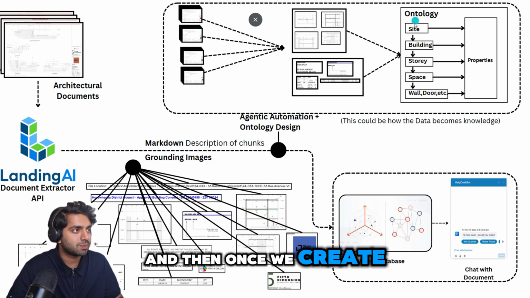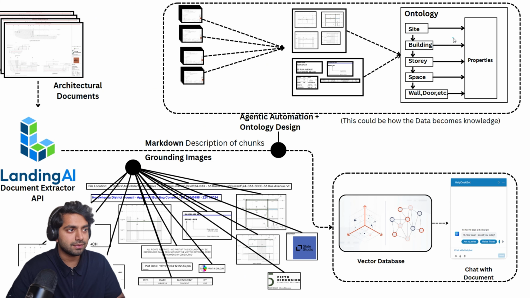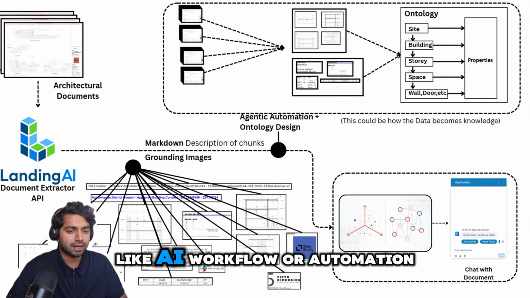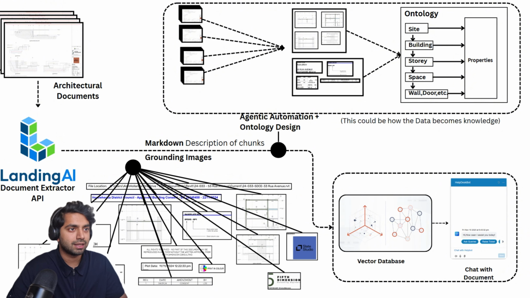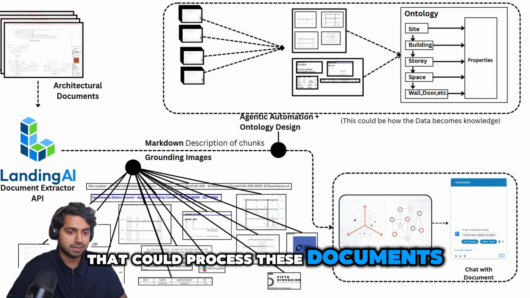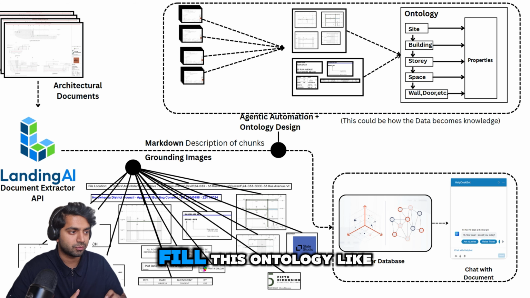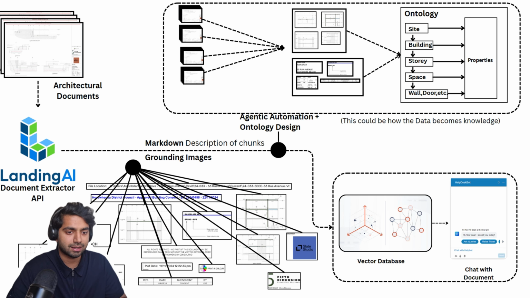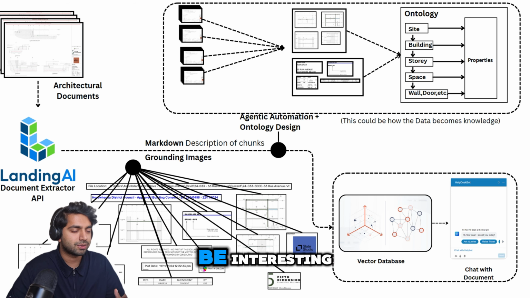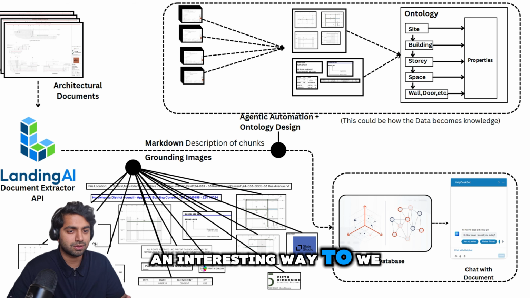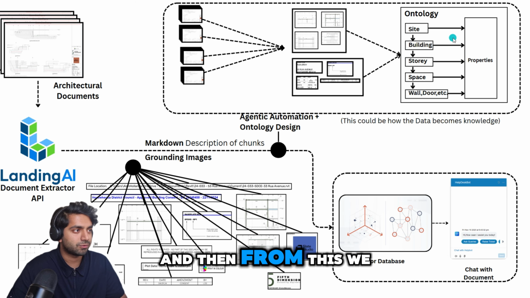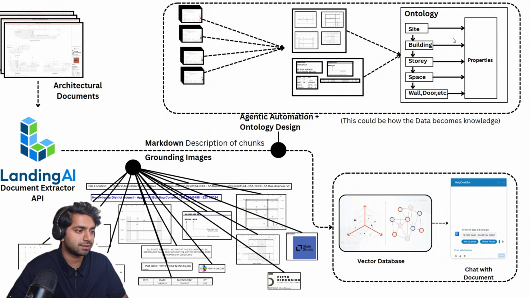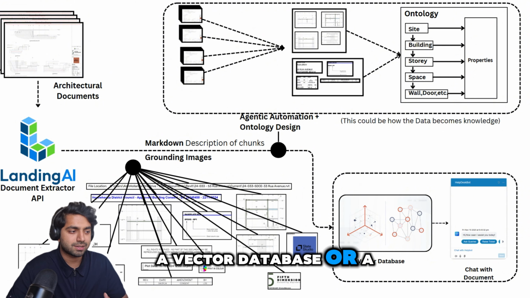And then once we create this ontology, we could create an AI workflow or automation that could process these documents and populate this ontology with this data. I thought that could be an interesting way to explore this concept. And then from this, we could develop maybe a vector database or a knowledge graph.